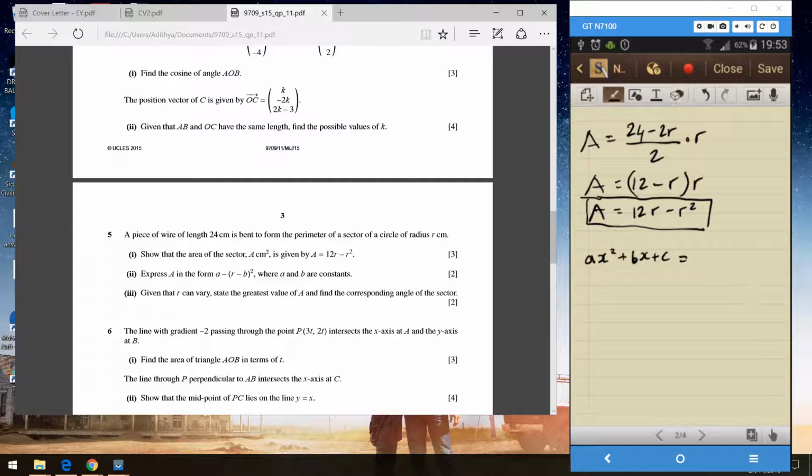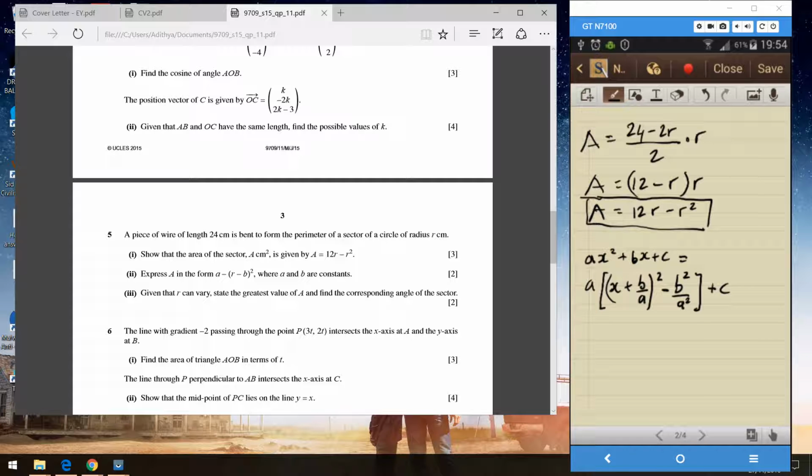So that is equal to a times x plus b over a, I'm sorry, just b over a, all squared, minus b squared over a squared, plus c.